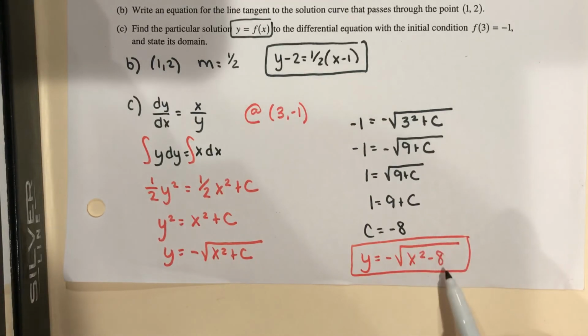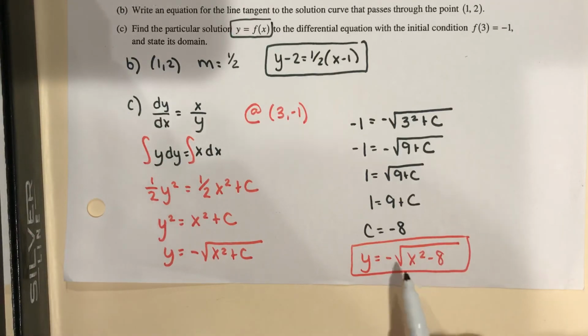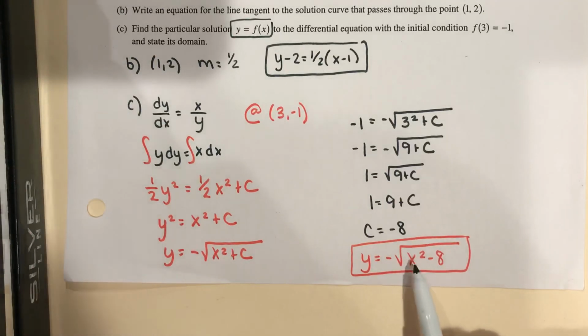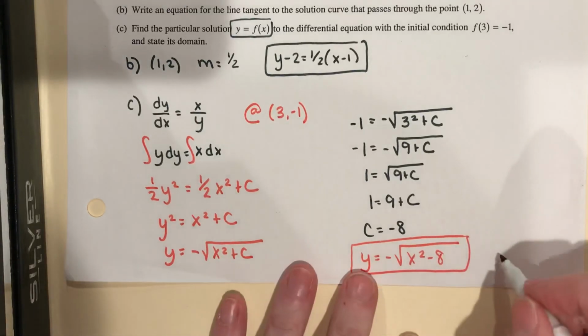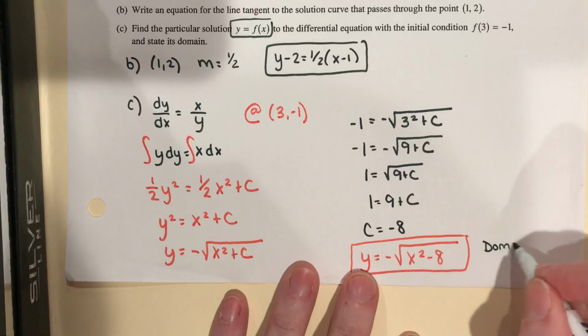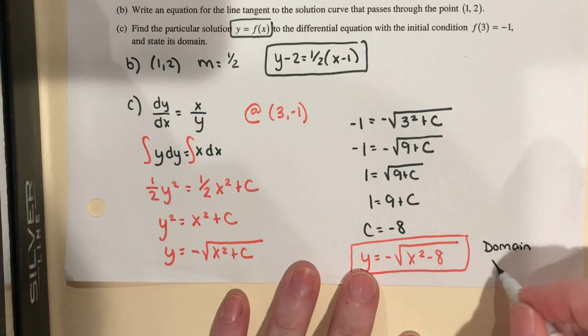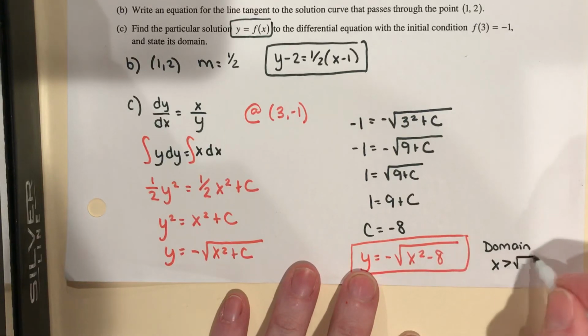I have a -8 here. I need an 8 to get this to be 0. So squaring something, it would have to be √8, since the square root of 8 squared is 8. So the square root of 8 is our cutoff point. It can be bigger than that, but it can't be less than that because that would give me a negative under my radical. So for the domain, x has to be greater than the square root of 8.